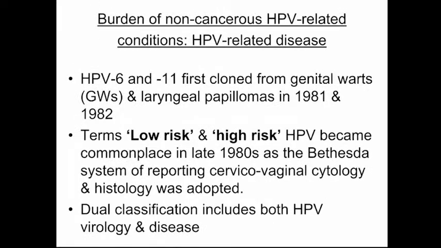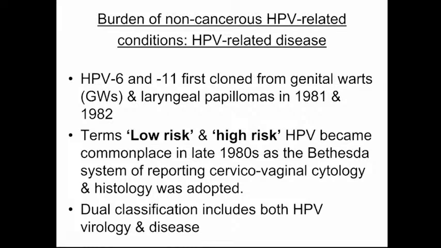But there are other types. We've looked closely at type 16 and 18, the oncogenic types, but there are also the non-oncogenic types. HPV type 6 and 11, which were first cloned from genital warts and laryngeal papillomas in the early 80s, gave rise to the terminology of low-risk types.